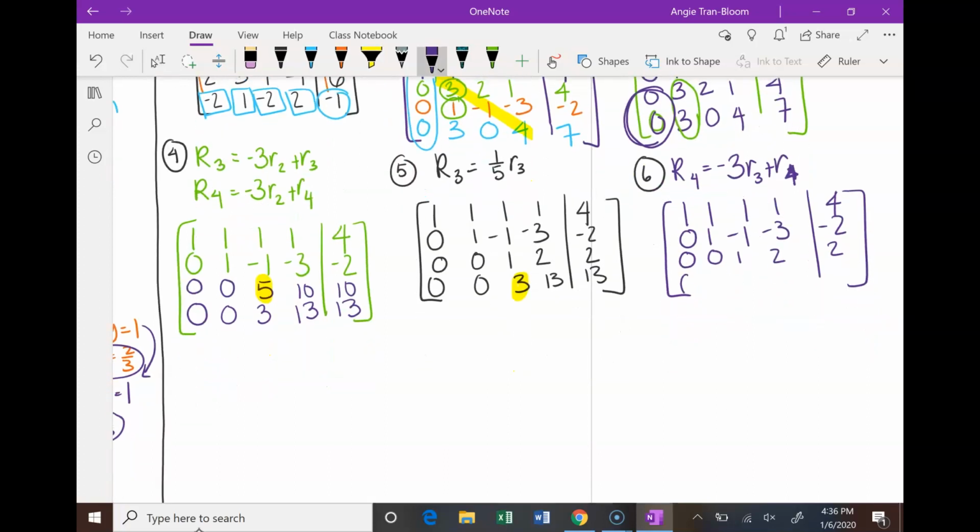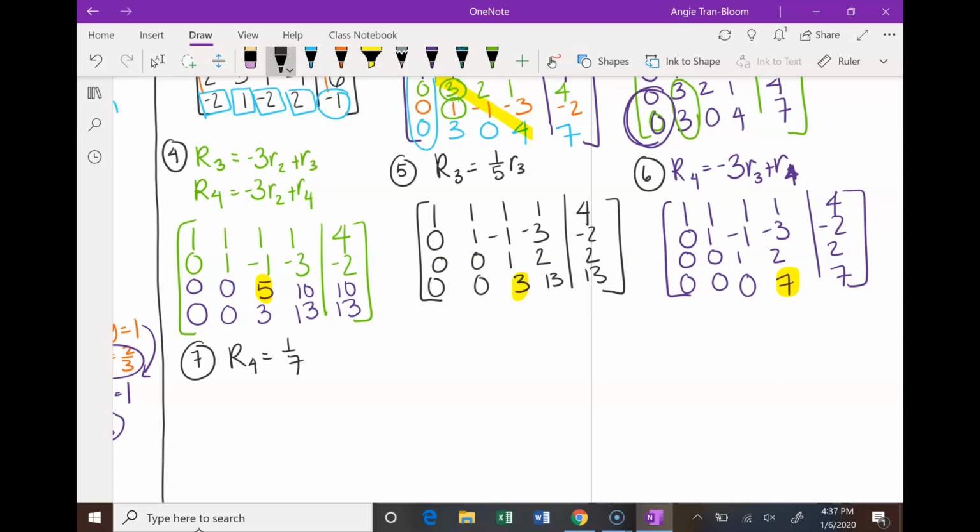So here we go, 0 times, this is 0. Once you do the computation, it used to be 3, 13, 13, and you're going to end up with a 0, 7, and 7. So now we just have to get this to become a 1. That's my matrix number 7. We are going to change row 4.